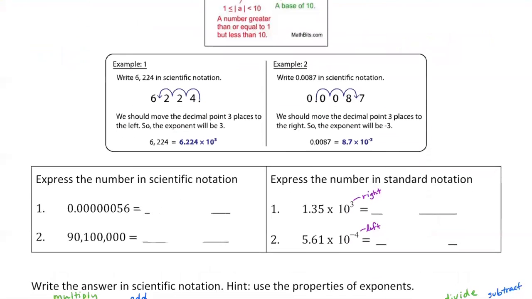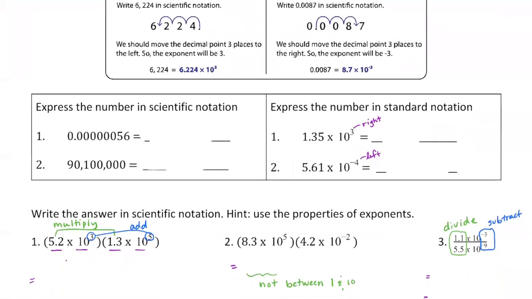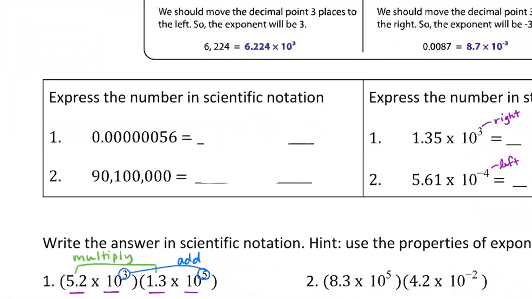So for example, express the number in scientific notation. Right now the decimal is here, but it is not a number between 1 and 10. So I'm going to move the decimal 1, 2, 3, 4, 5, 6, 7 places to make it 5.6.